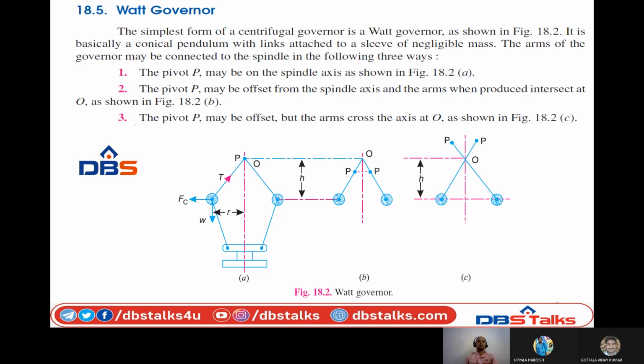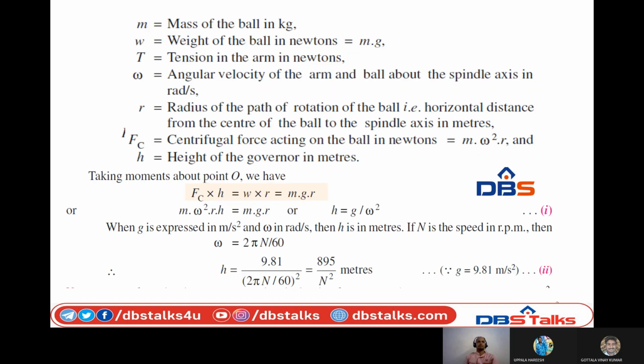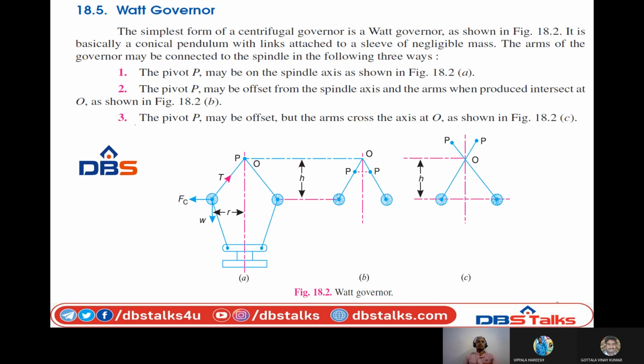These are very thin arms or thin links, so we can exempt their weights. By assuming that the arms, links and sleeves are negligible compared to the weight of the ball, since the size of the ball is more than the size of the links and arms, the weight of the ball is more.